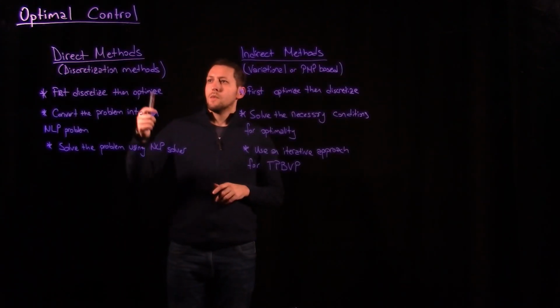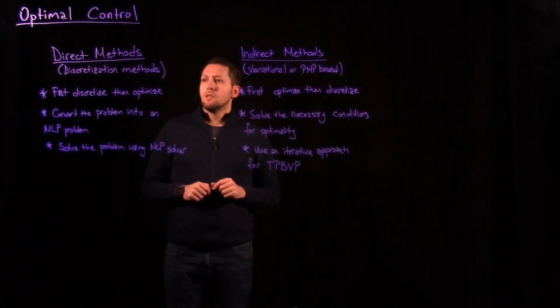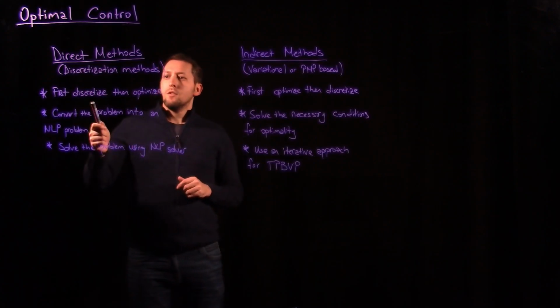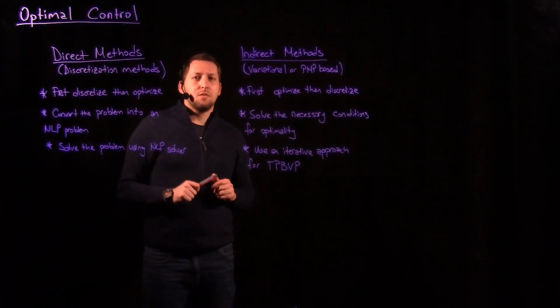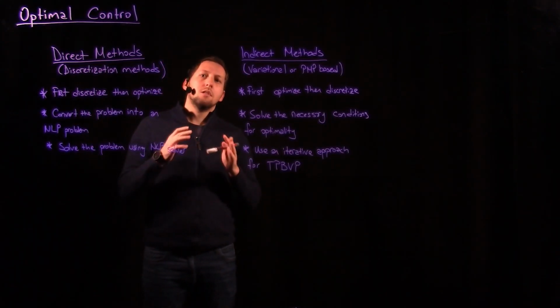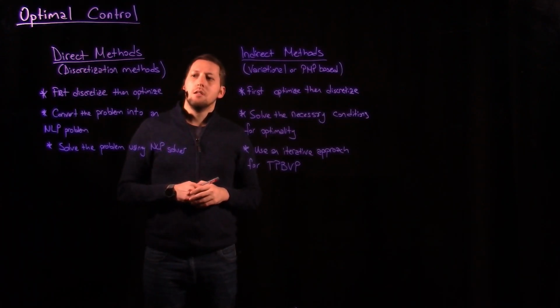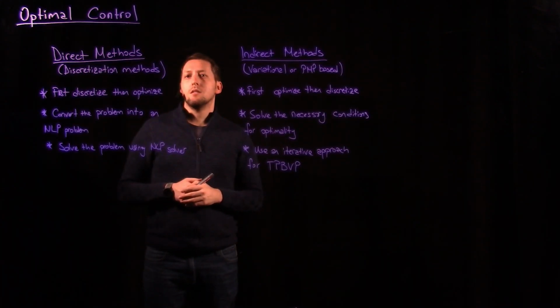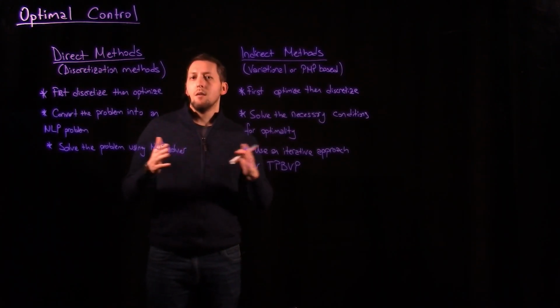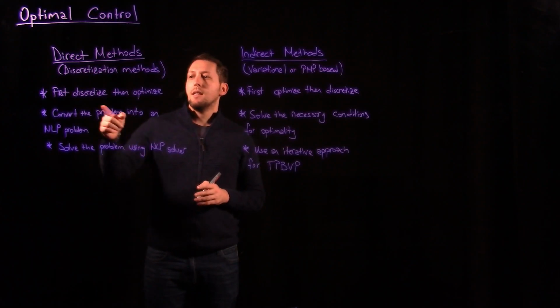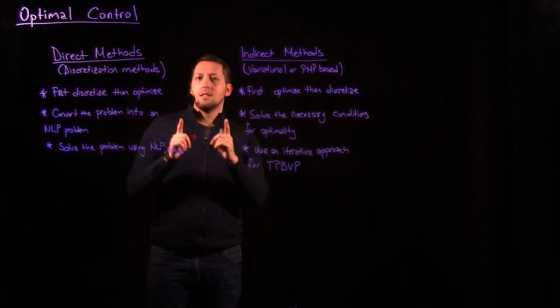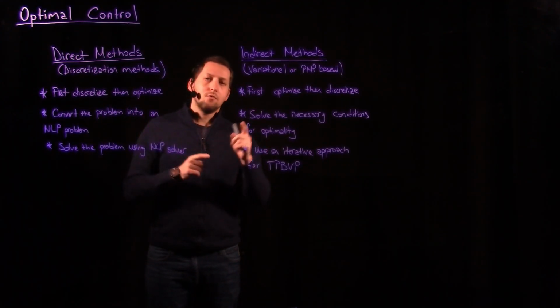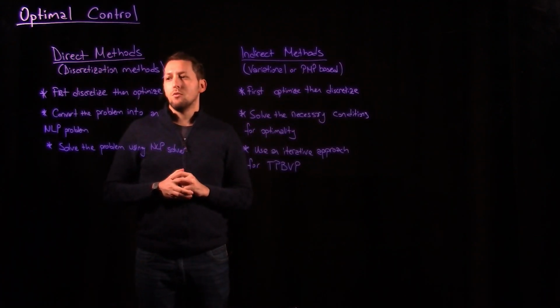Within the scope of direct methods, the main intention is to first discretize and then optimize. This means that we have an infinite dimensional problem in hand, but then we are cutting this whole time frame into subframes, optimizing each single subframe, and merging the overall results.